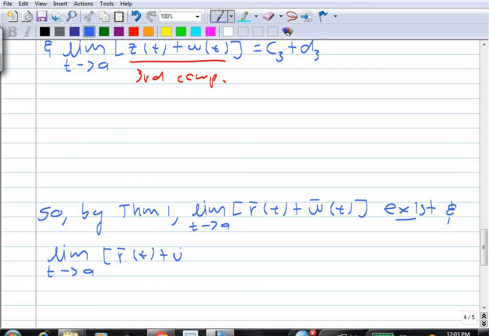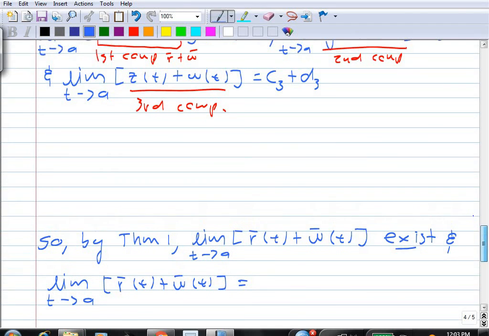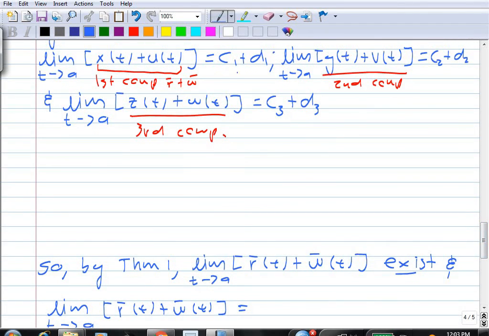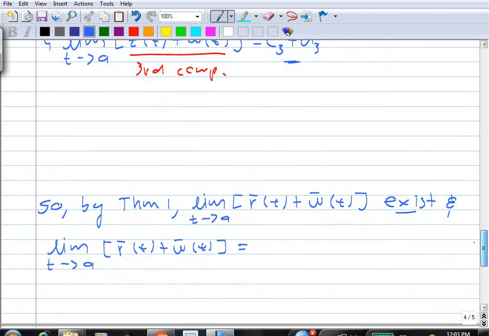The limits of the components of r plus w are c1 plus d1, c2 plus d2, and c3 plus d3. So this vector goes to c1 plus d1, c2 plus d2, c3 plus d3.